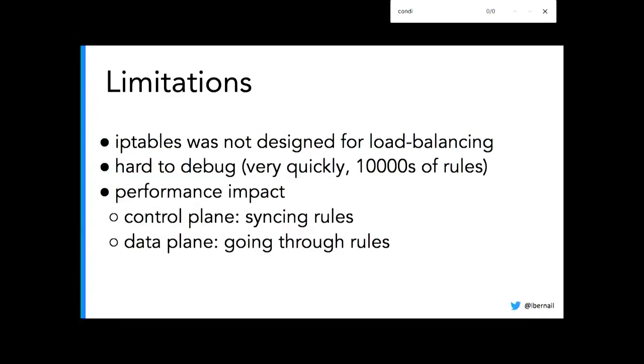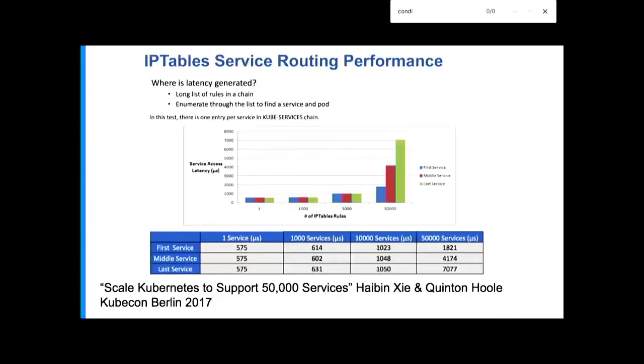Worse, there's actually a huge performance impact, both on the data plane and the control plane. Here, I'm quoting from a very interesting talk from KubeCon in Berlin 2017. This is the impact of iptables on routing performance. If you have a lot of rules to traverse before getting to your endpoint, it's going to take some time to go through all the rules in the chains.